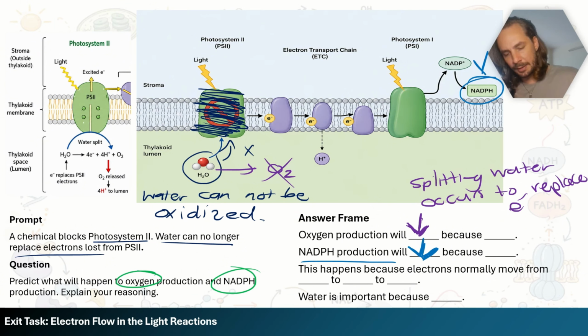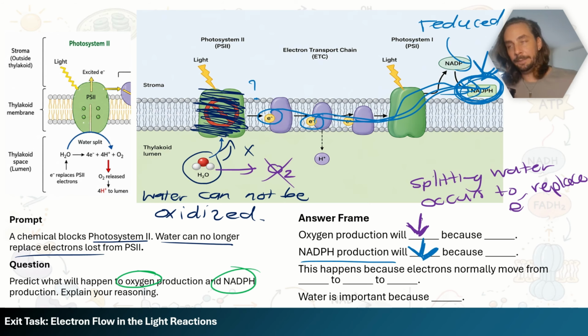We will have less NADPH that is reduced, because electrons would come in and reduce NADP plus, but then there are no more electrons, so ultimately the production of NADPH is going to stop. The production would decrease because electrons from photosystem 2 that move through the electron transport chain to photosystem 1 are accepted by NADPH.